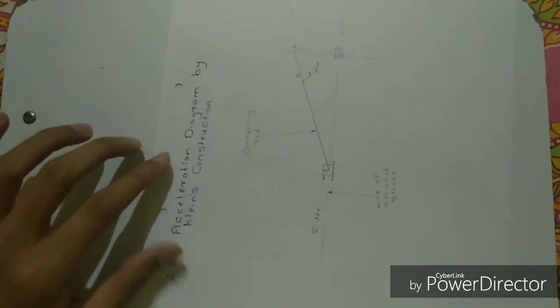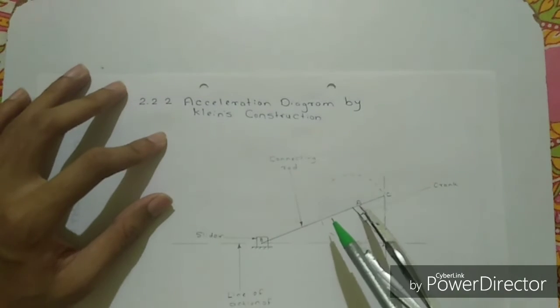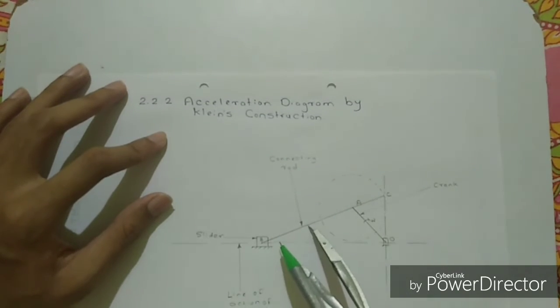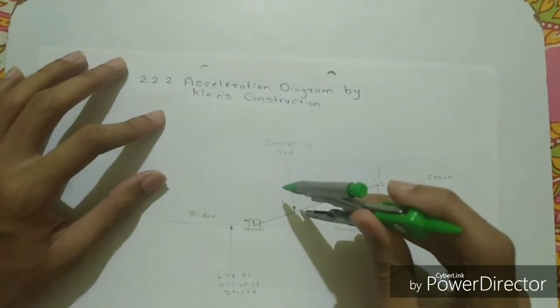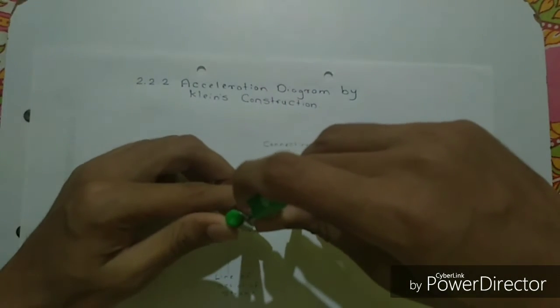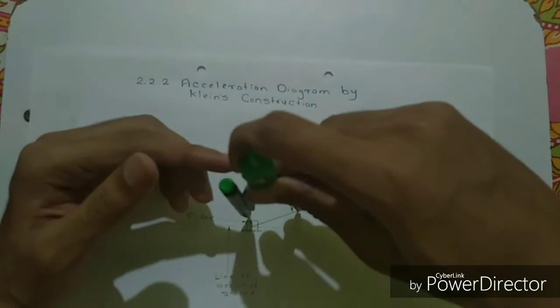Draw another circle with the midpoint of AB. Now we have to draw another circle with the midpoint of AB. That is the one midpoint. We also plot that. Now we have to draw another circle for the acceleration diagram.